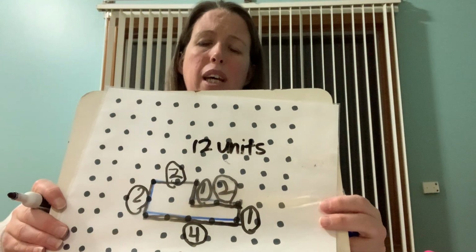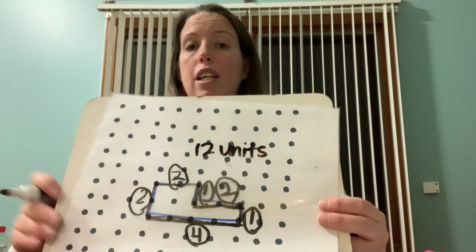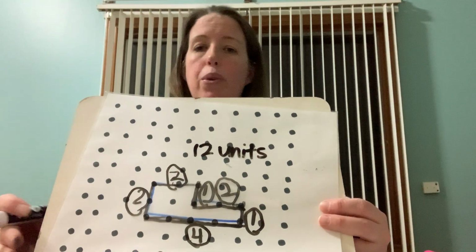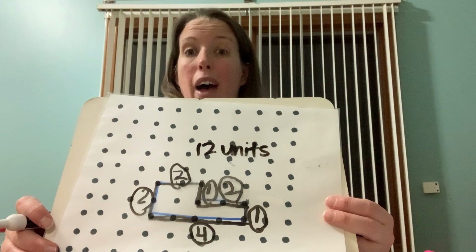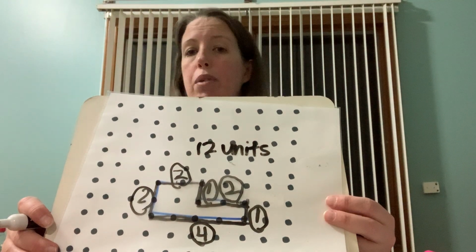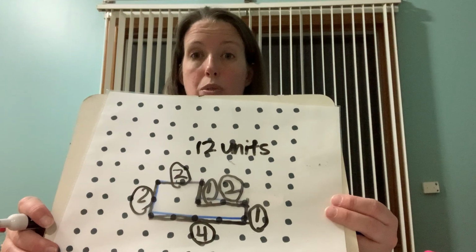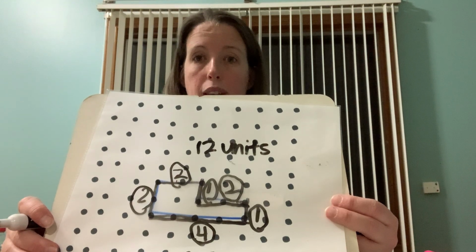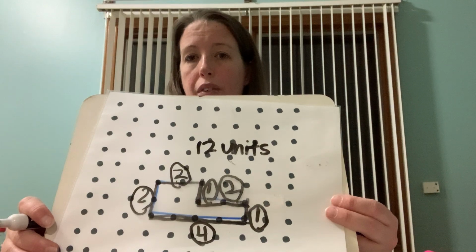And the reason I keep saying that word units is because this shape, I don't have a ruler, I'm not measuring it. That might be feet, it could be inches, it could be centimeters, it could be millimeters. I'm not sure what was used to measure. So I'm just going to call it units until I find out something more specific.